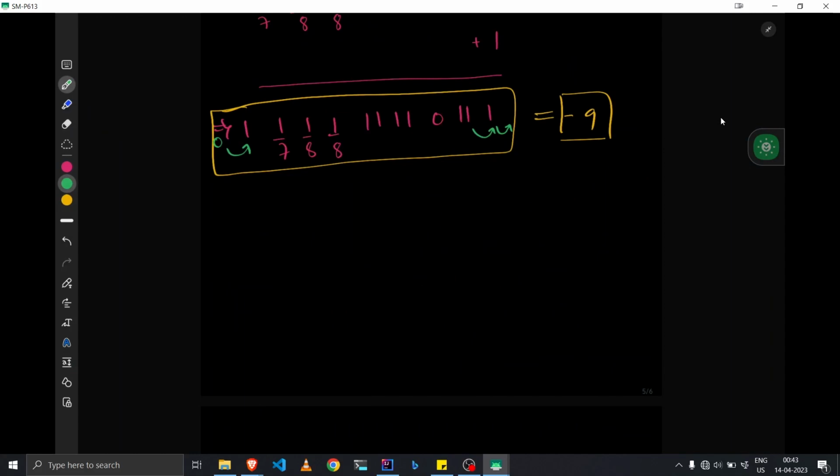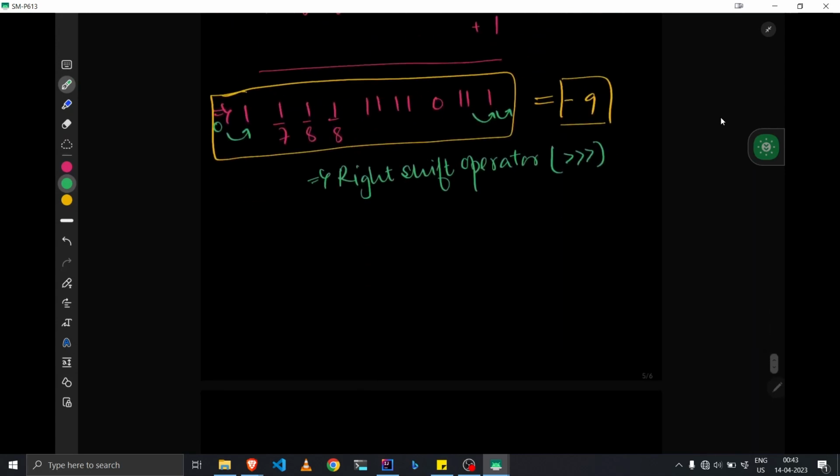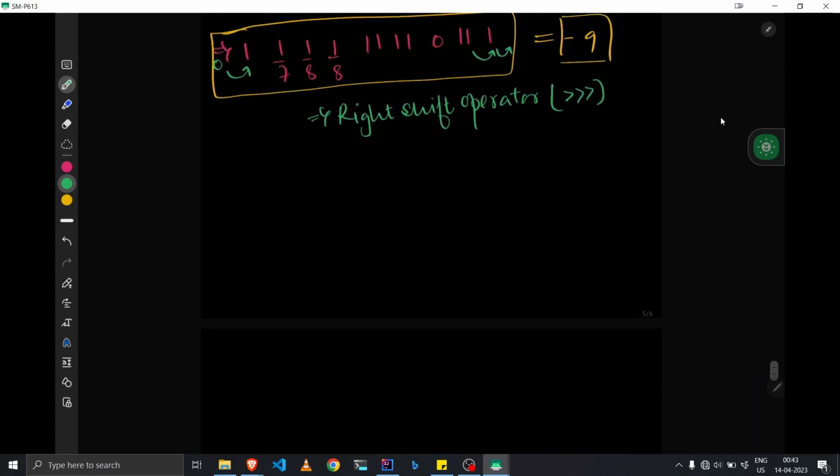Okay, so now we'll be running the right shift operator on this. Not to mention, we'll be using the unsigned one, because that is what we are exploring right now. So let's move them towards the right.